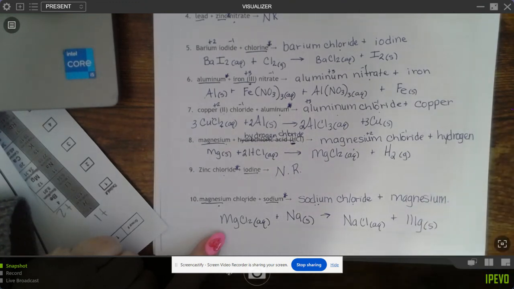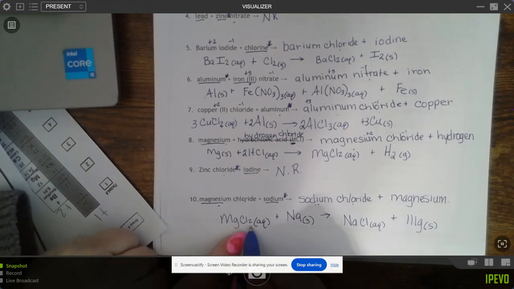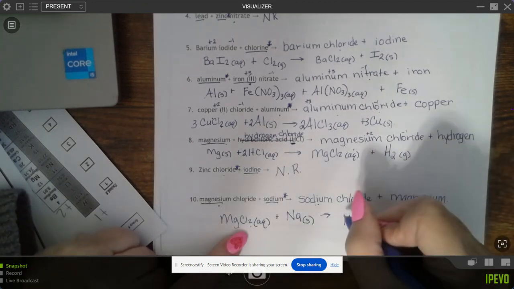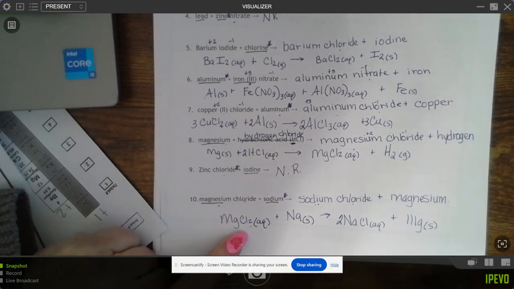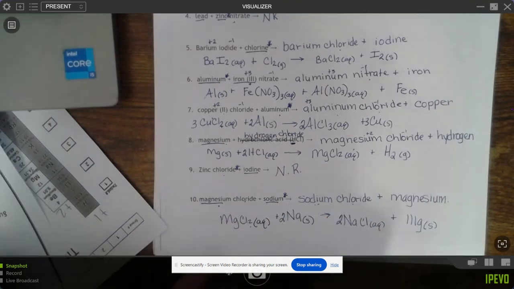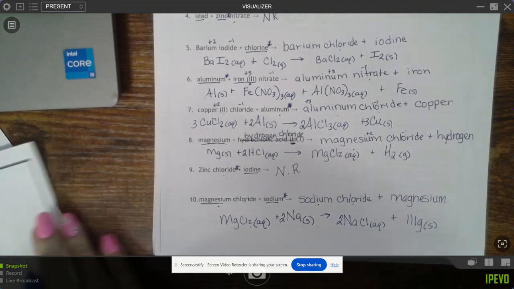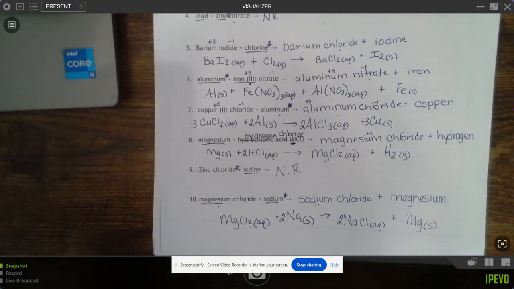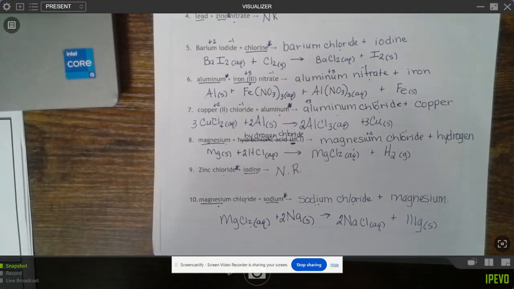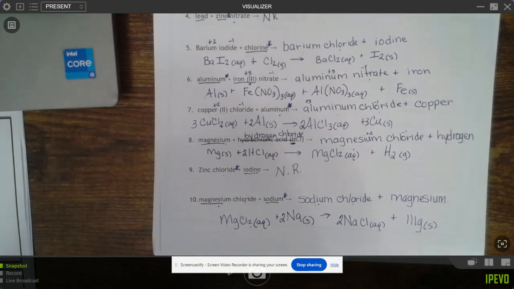Let's see, this one, we've got 2 chlorine, so we need a 2 here, and then a 2 here, and our equation is balanced. All right, guys, so a quick rundown of today's homework, single replacement reactions.